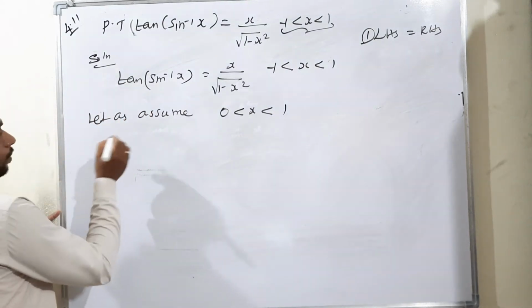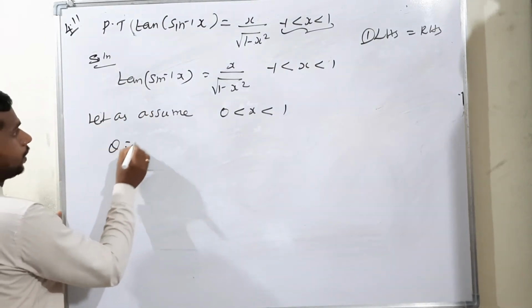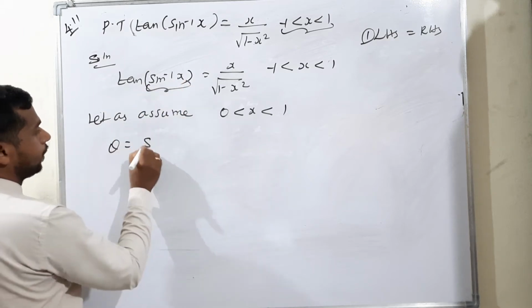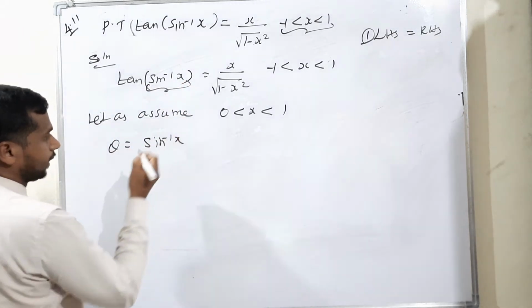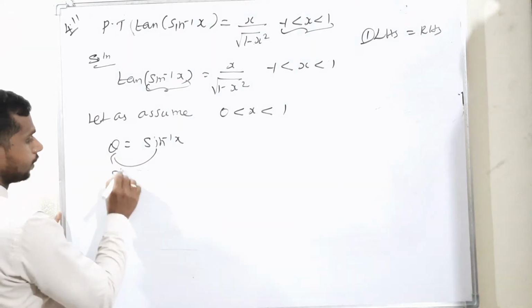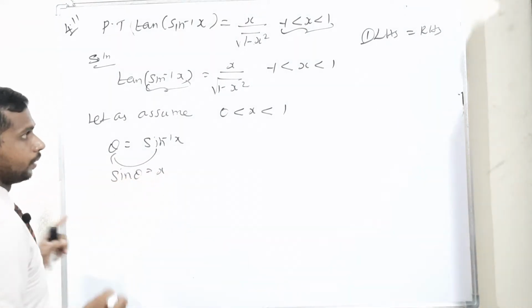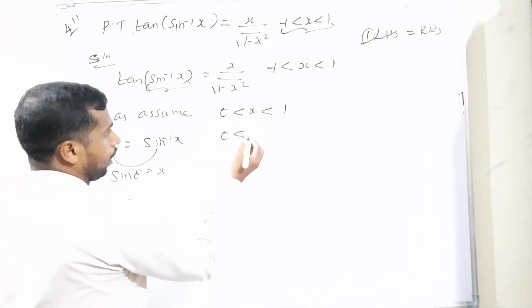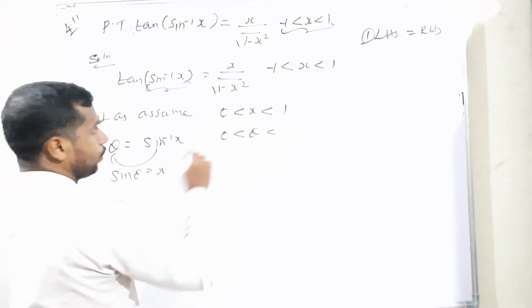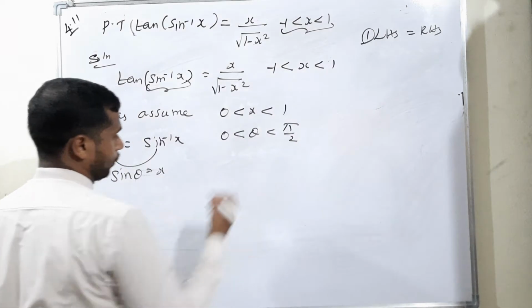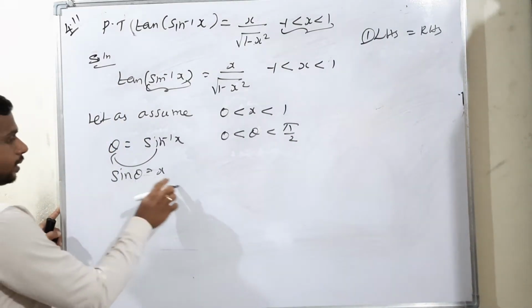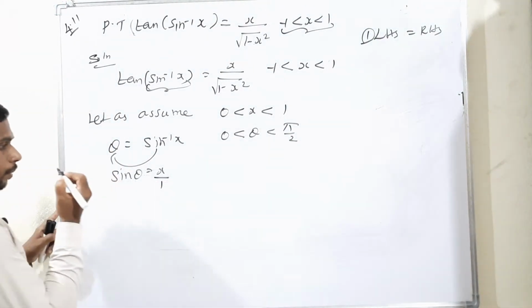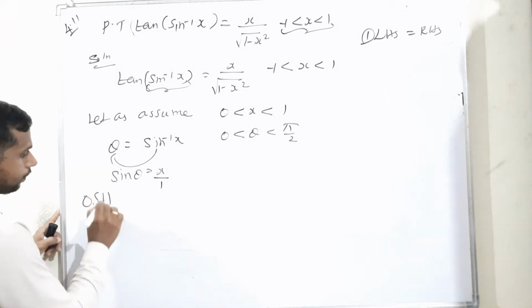Let us assume theta is equal to sine inverse x, means sine theta is equal to x. Sine 0 means the value will be 0, less than theta less than sine 1, which means the value will be pi by 2. Therefore, sine theta is equal to x, we can write x divided by 1.